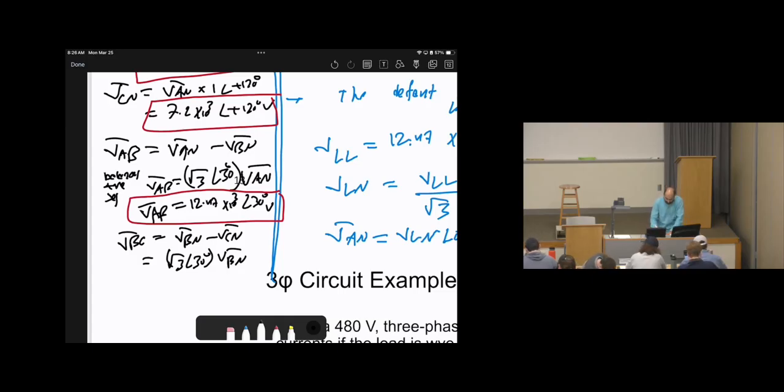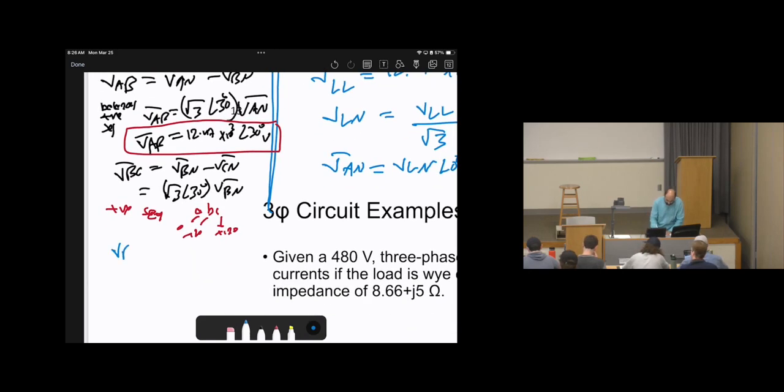Since it's positive sequence, ABC are at 0, negative 120, positive 120. This yields VBC to be VAB times 1 angle negative 120 degrees. So just subtract 120 from the angle. Then it will be 12.47 times 10 to the power 3, angle 30 minus 120, which is negative 90 degrees volts.